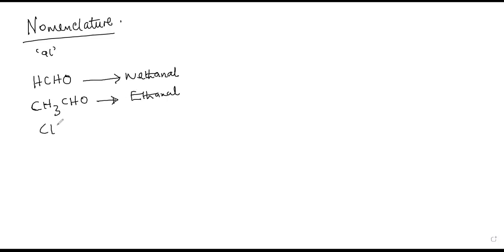If you have CH3CH2CHO, we call this one propanal. So instead of propane, the ending E for alkanes is replaced with al. Then we have butanal.